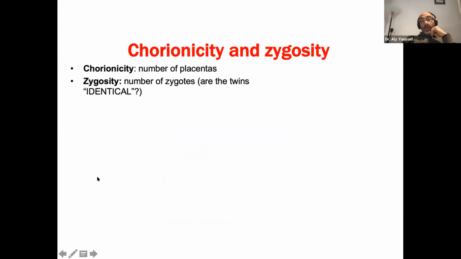An important aspect of twin pregnancy, which is key in the prognosis and the management, is the chorionicity. And here it's appropriate to talk about the difference between chorionicity and zygosity. Chorionicity is the number of placentas, and the number of placentas is the main prognostic factor of the outcome of twin pregnancies, whereas zygosity is the number of zygotes.